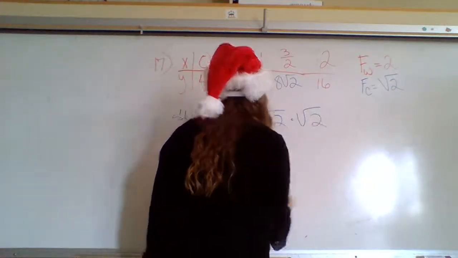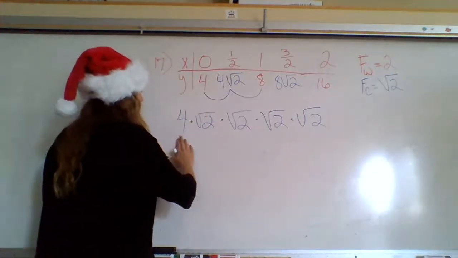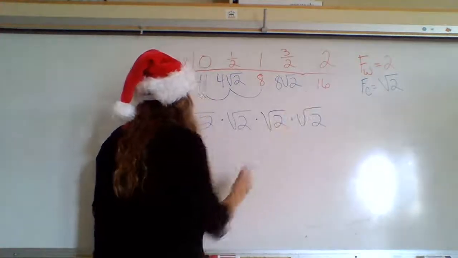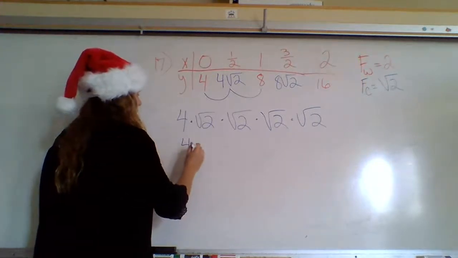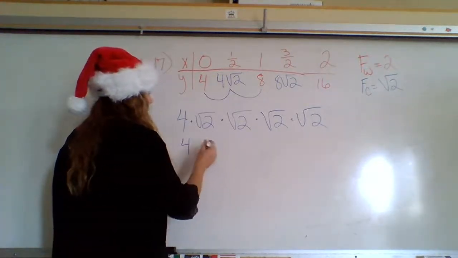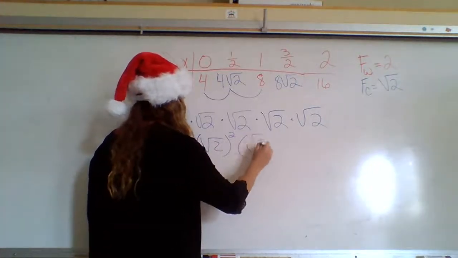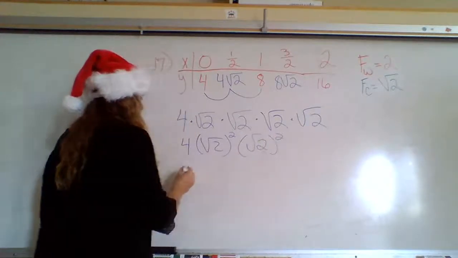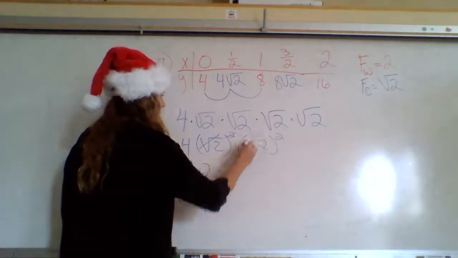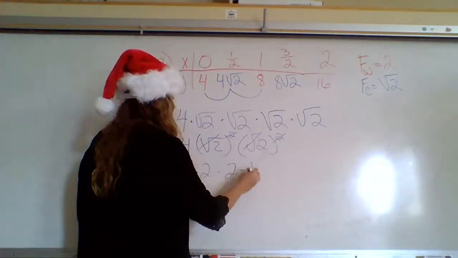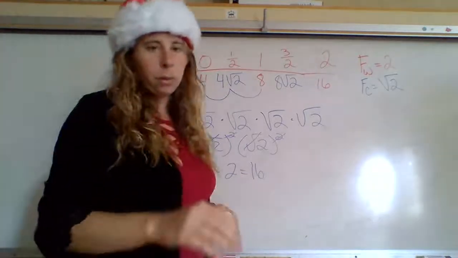And then that should be 16, right? Yes. So now this is all the things you're multiplying that should equal 16. Square root of 2 squared, square root of 2 squared, right? Which is just 4 times 2 times 2, which equals 16. Okay. All right. Woo!